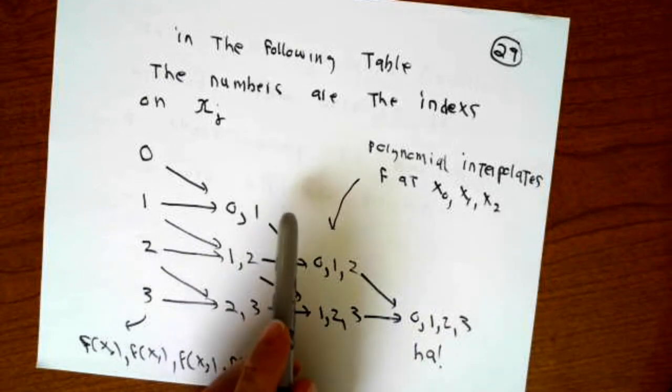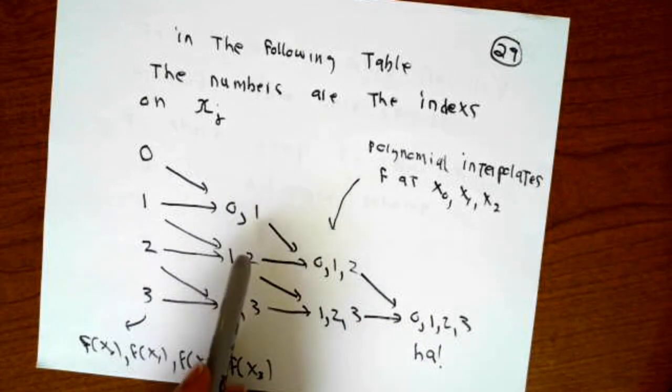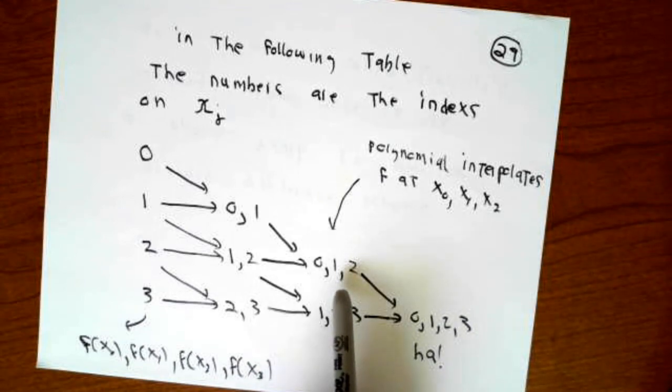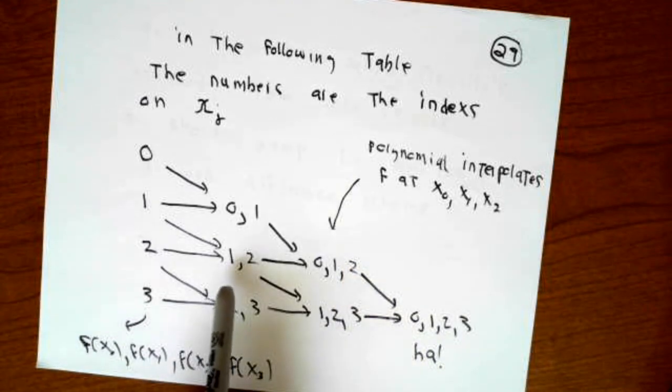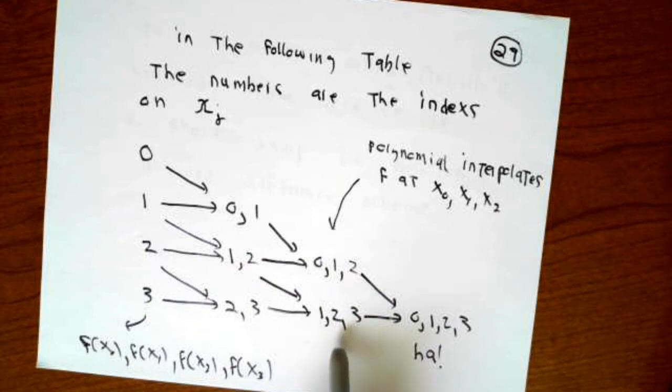If you take the polynomial that interpolates at x_0 and x_1 and the polynomial that interpolates at x_1 and x_2 and do the R procedure to them, you'll find a polynomial that interpolates at 0, 1, and 2. Take the polynomial that works at x_1 and x_2, the one that works at x_2 and x_3, combine using the R formula, and you'll get a polynomial that interpolates at x_1, x_2, and x_3.